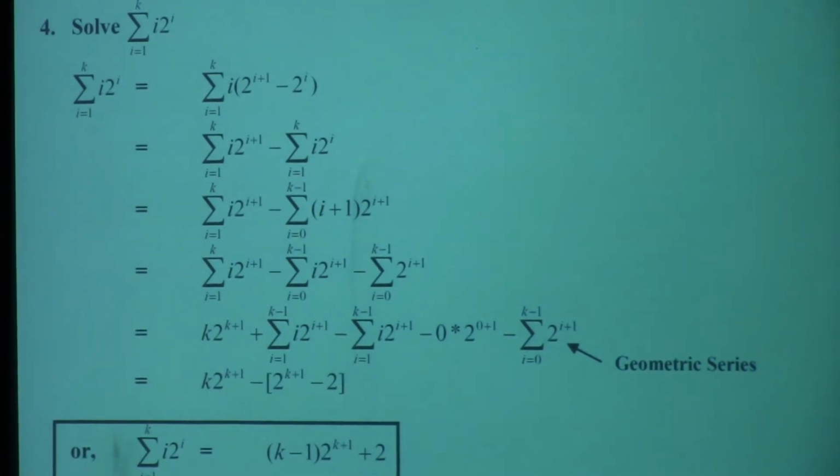So the formula is going to be a times 1 minus r to the number of terms, over 1 minus r. Let's do it out here.